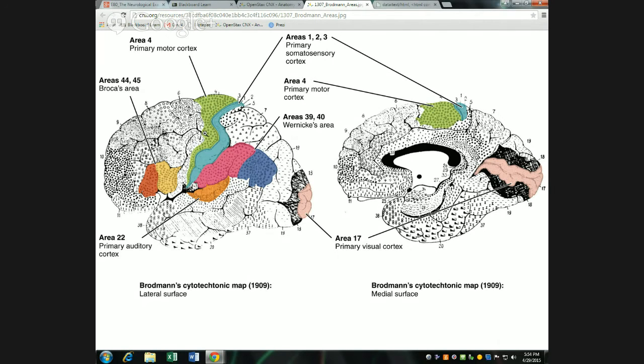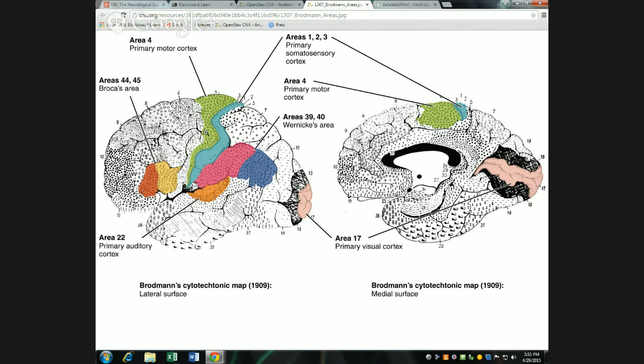Okay. When that happened, what was discovered was activity in some very particular parts of the brain, which were all related to this activity. The first and kind of most important part of that was activity right here. This is the precentral gyrus, the gyrus that's just in front of the central sulcus, and that's called the primary motor cortex.